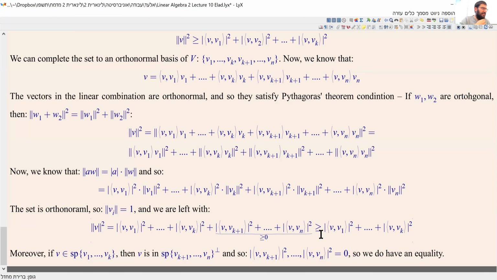They are 0. So it is an equality. Okay. This is the proof of Bessel. The equality is called Bessel equality. But it is a specific case of the inequality. So that's how I write it down.